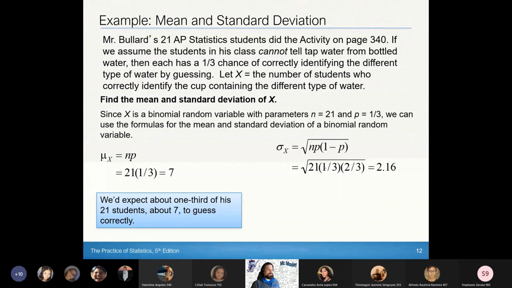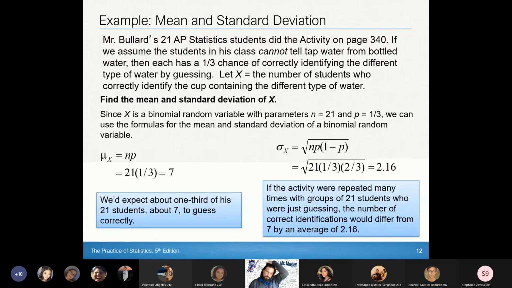So the square root of 21 times 1/3 times 2/3 equals 2.16, which means if the activity were repeated many times with groups of 21 students who were just guessing, the number of correct identifications would differ from 7 by an average of 2.16. So again, we're explaining our result based on the given context about guessing the correct type of water.